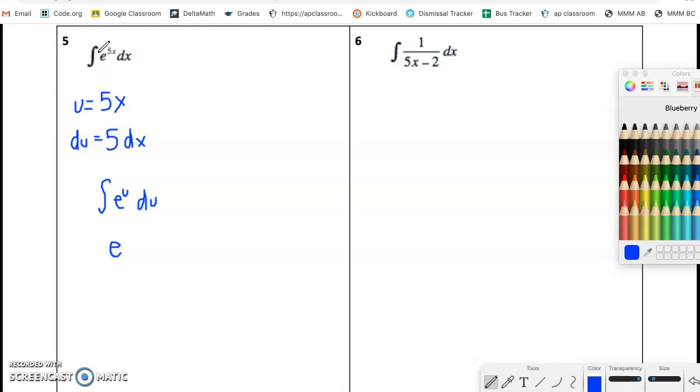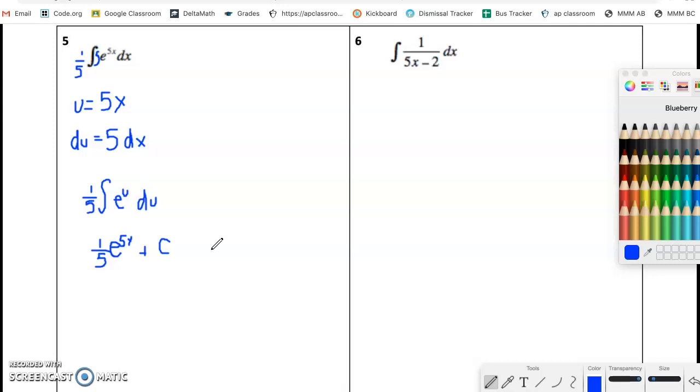I don't have a 5 here. I had to multiply by 5 on the inside, add the 1/5 on the outside. Apologies. So I'm putting the 1/5 on the outside, because I substituted the 5 dx for the du. So I have 1/5 e to the 5x plus c.